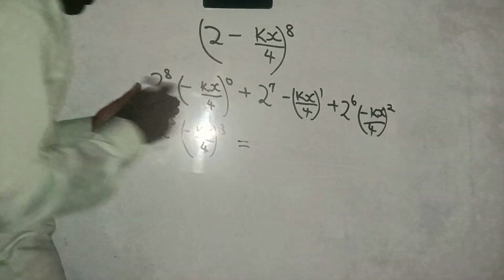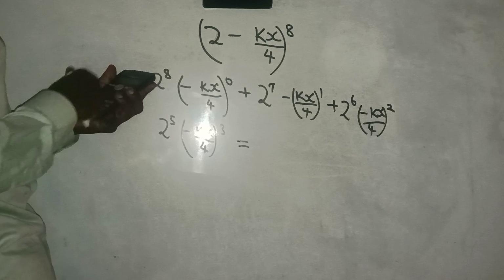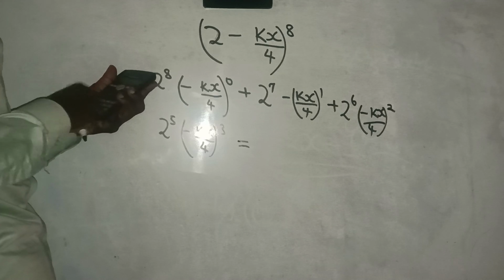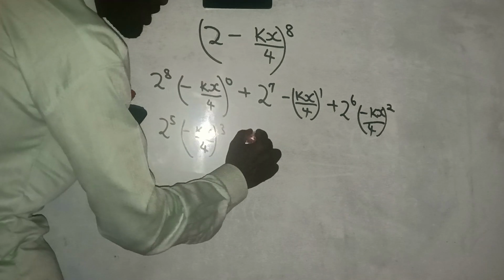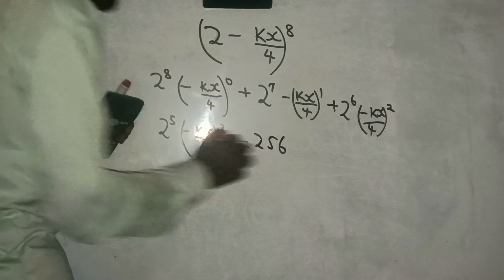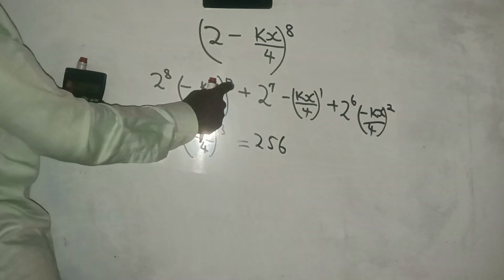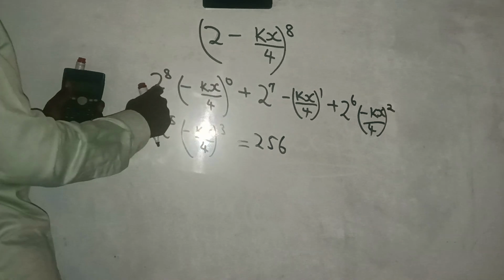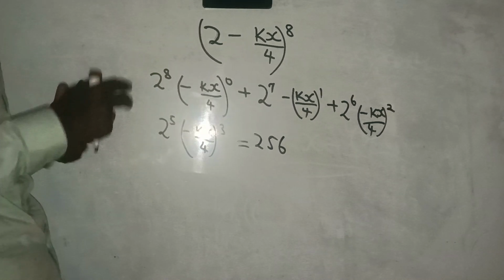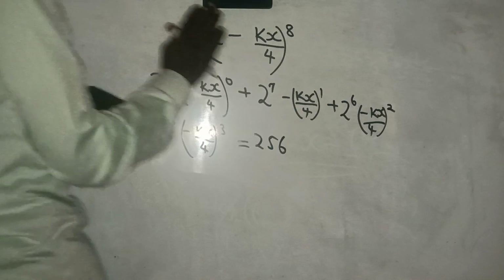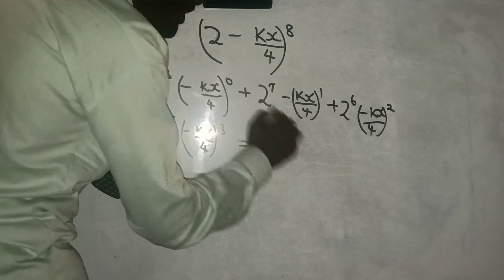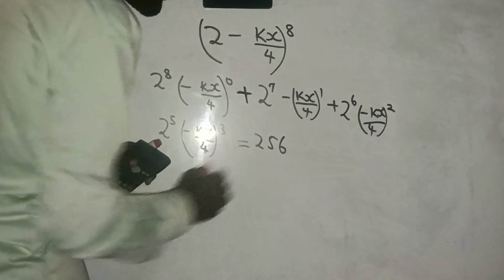That is 256. I am not going to write this way because the whole of this part raised to 0 is 1. And of course, 256 times 1, that gives us 256. So we shall drop that part. We shall say plus. Okay?